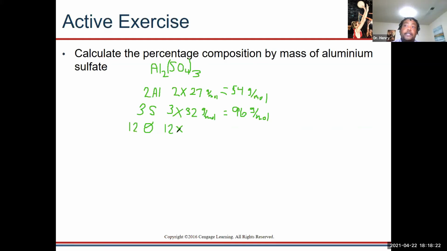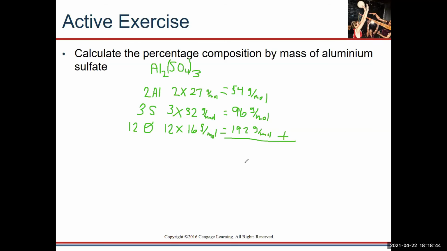Oxygen weighs 16. 12 times 16 is 192. Okay, so we add these all together. 342 grams per mole.